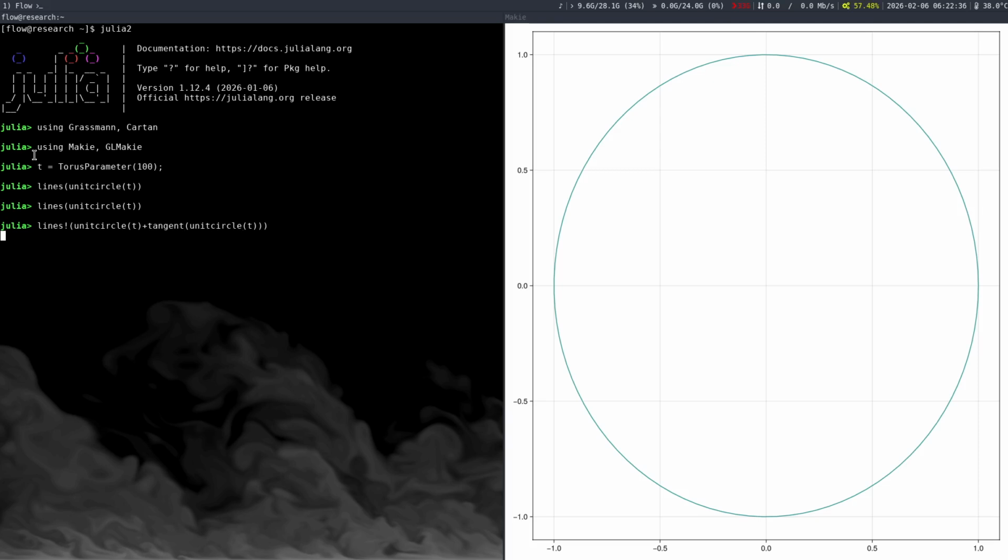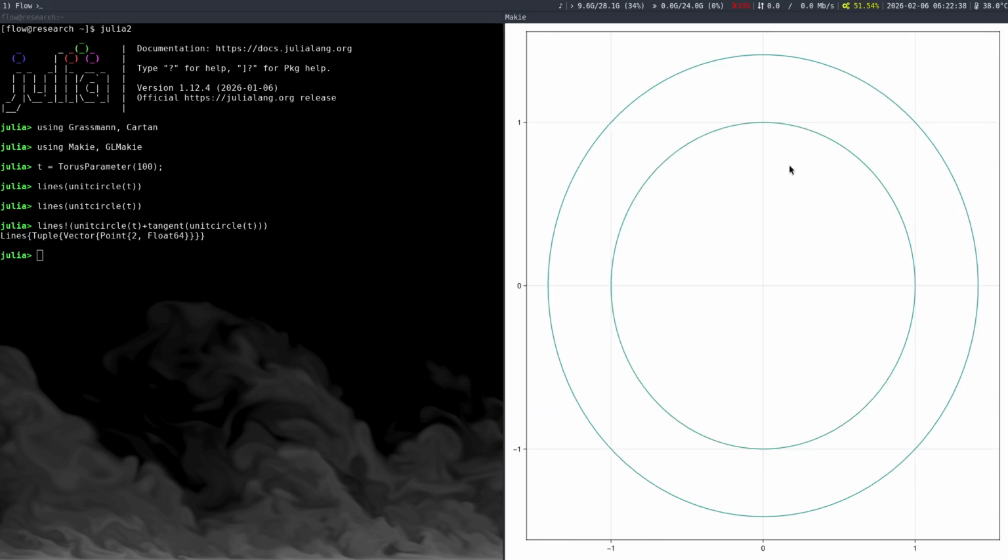So now we're going to add the tangent circle to our plot. And this is for visualizing the actual tangent vectors on the circle.